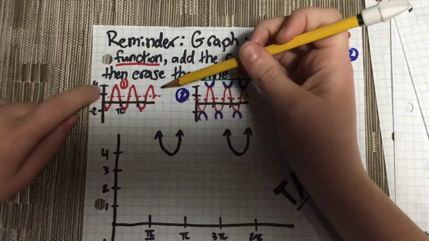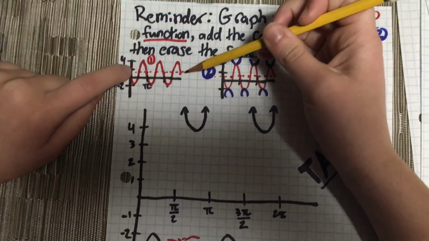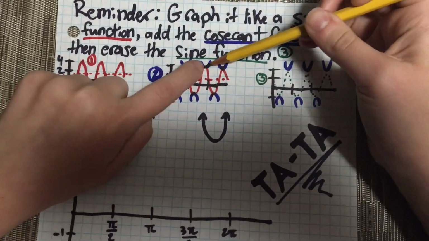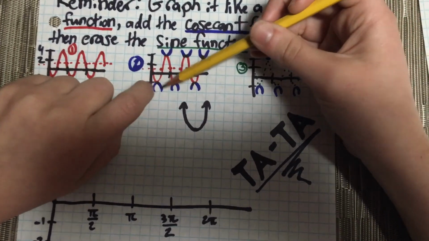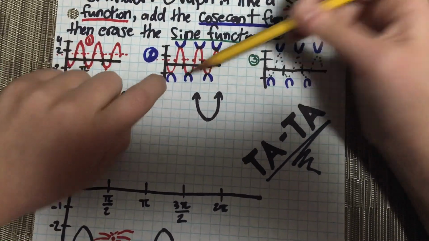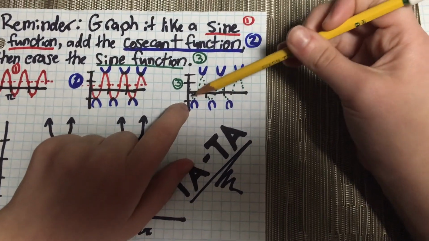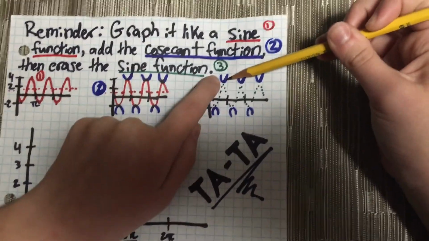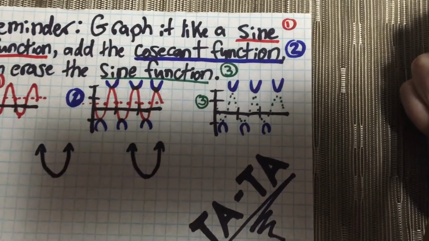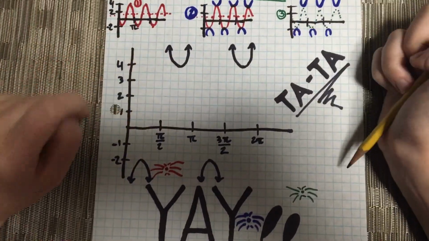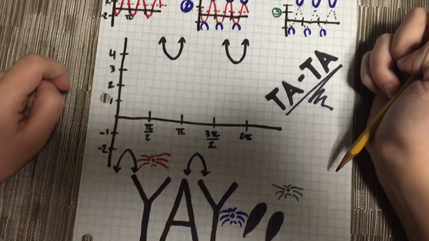First, we graph our sine function. Then we add the cosecant function, our little happy faces and sad faces. Then we get rid of the sine function, so we are just left with the cosecant function. This is what our finished cosecant function will look like.